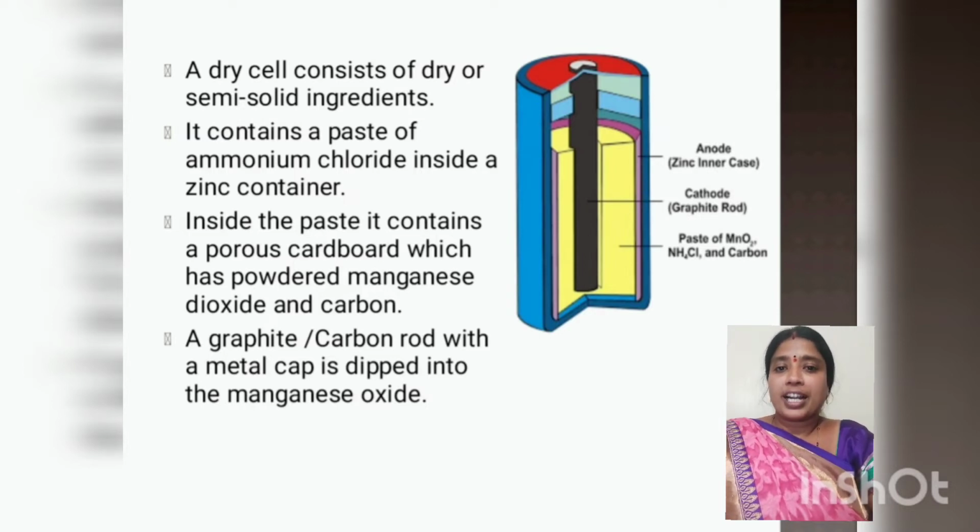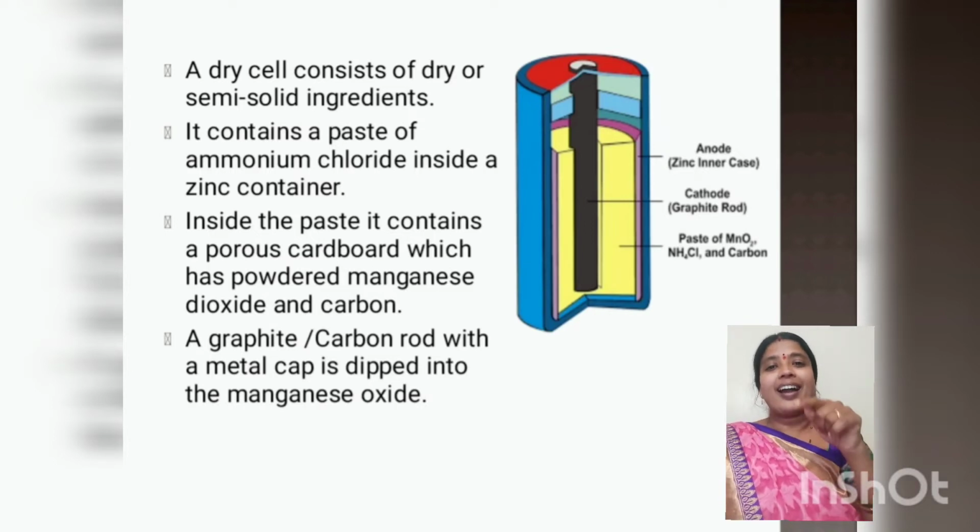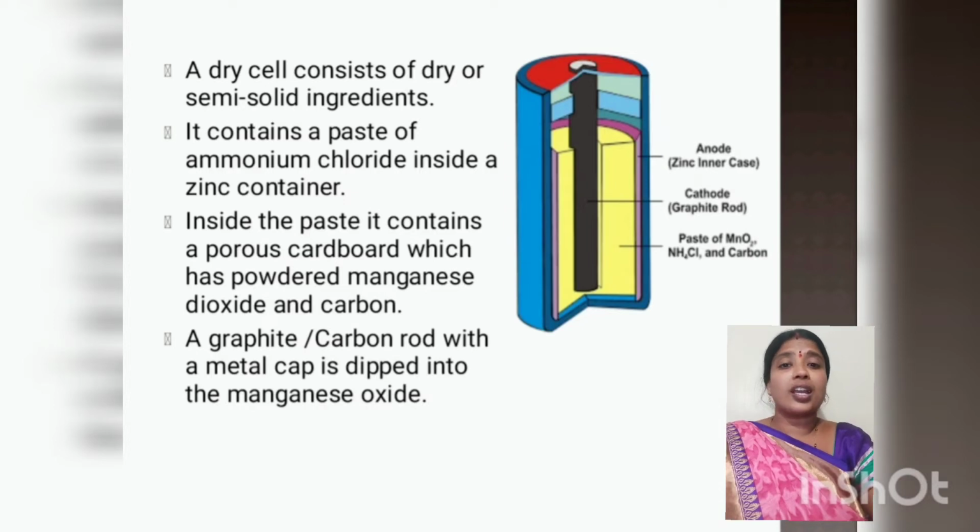So that metallic cap is the negative terminal, and the zinc metal case at the bottom of the cell is the positive terminal. When you connect these two terminals with the help of a connecting wire, then current is said to flow from one terminal to the other. From one terminal it gets in, and from the other terminal it goes out. In this way there will be a continuous flow of current.